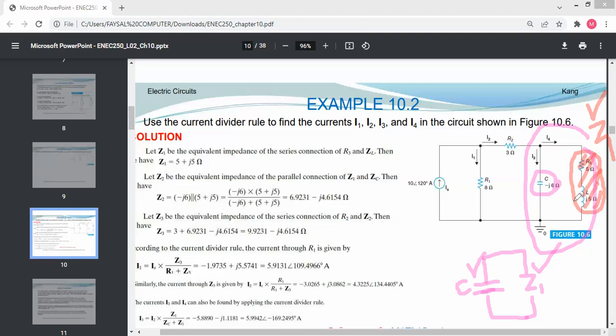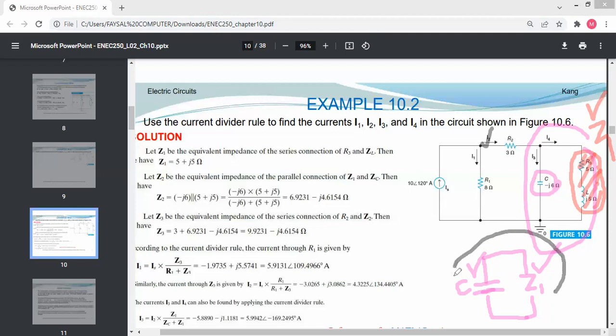In the current divider rule, we compare the Z values with respect to the nodes. There are four nodes. This is the first node with I1 and I2, and this is the second node with currents I3 and I4. We compare this value with Z1, Z2, Z3 and my voltage VC. Is it clear?